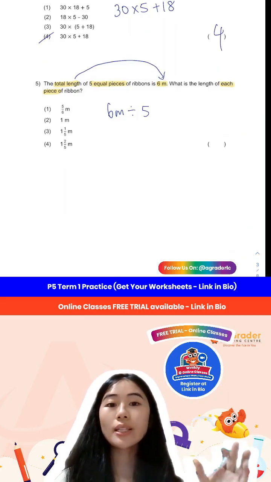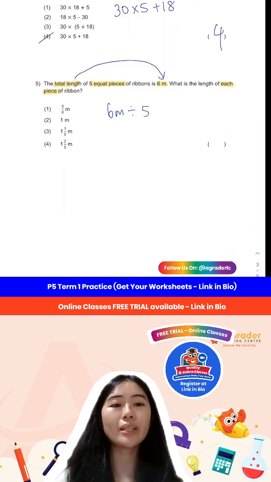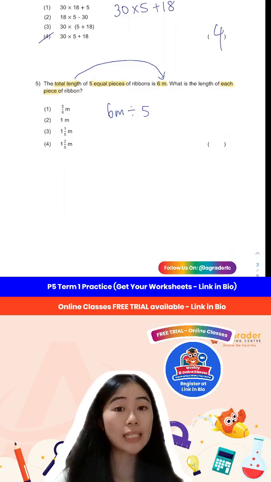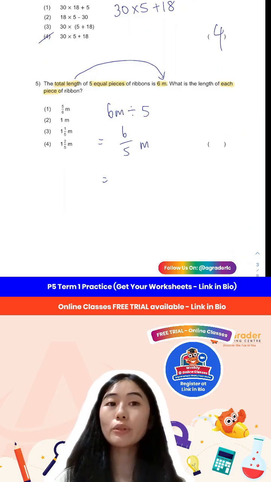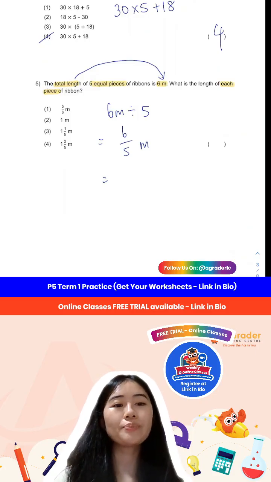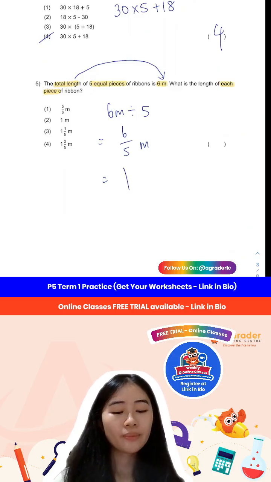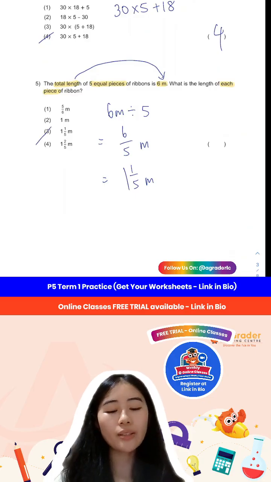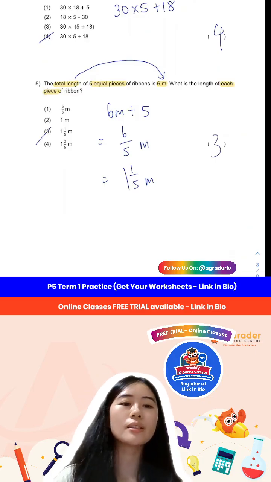You should be using the total length of the ribbon to divide by the number of ribbon pieces. So this will give you 6 over 5. This is an improper fraction, right? You should change it to a mixed number. So you will get 1 whole 1/5 as a mixed number, and this is option 3 as your answer.